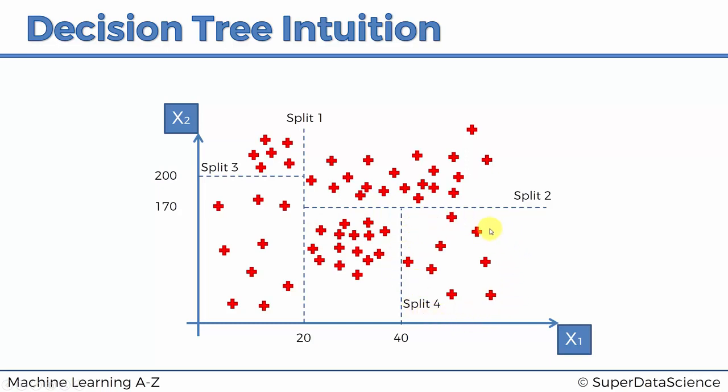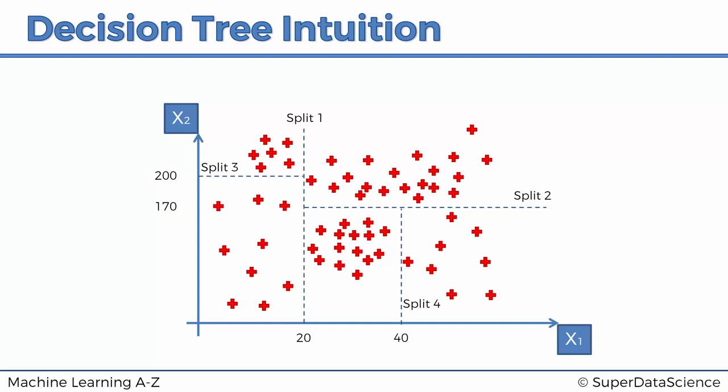Is it actually adding some value to the way that we want to group our points? The algorithm knows when to stop when there's a certain minimum for the information that needs to be added, and once it cannot add any more information to our setup by splitting these leaves. They're called leaves, so each one of these splits is called a leaf. By splitting these leaves, once it can't add any more information, then it stops.